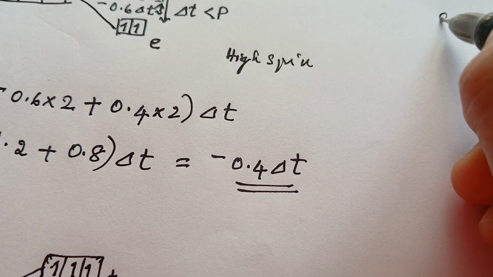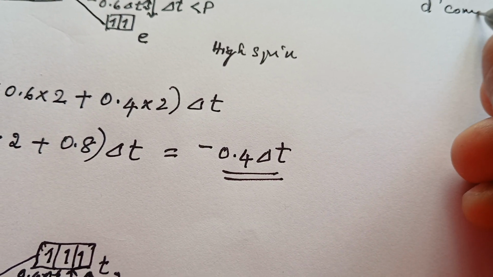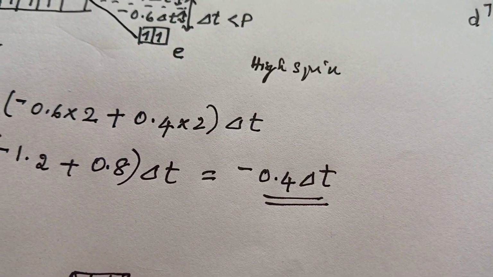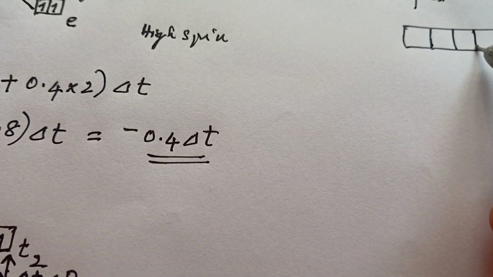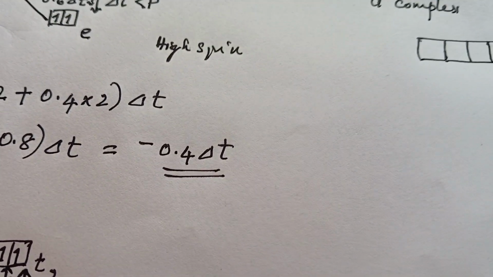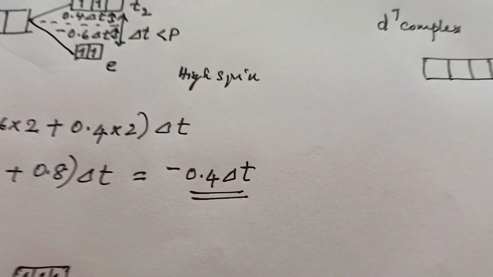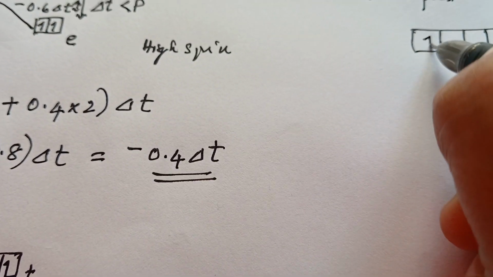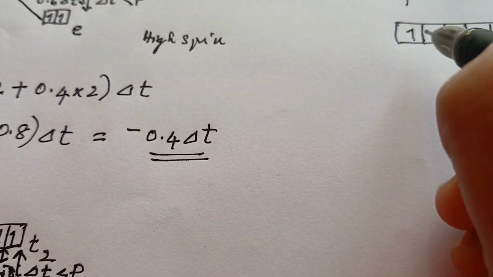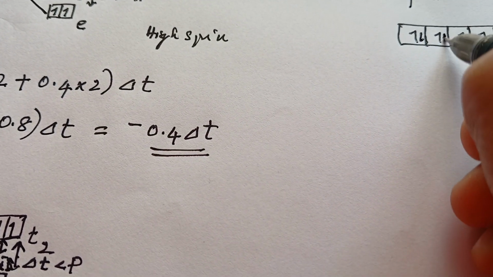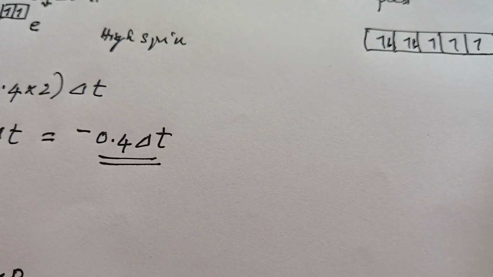Now for a D7 complex, let us draw the diagram. 1, 2, 3, 4, 5, 6, 7 electrons.